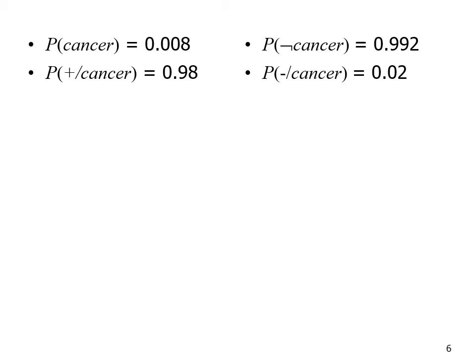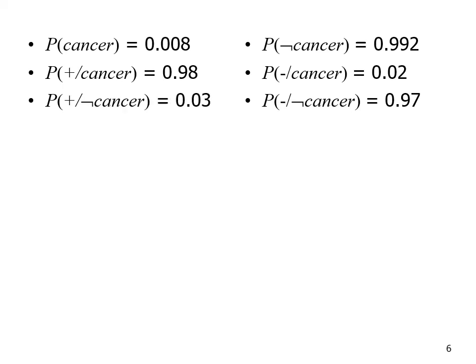So probability of the test being negative given that no cancer is present is 0.97. So obviously the probability of positive given no cancer is 1 minus 0.97, that is equal to 0.03.